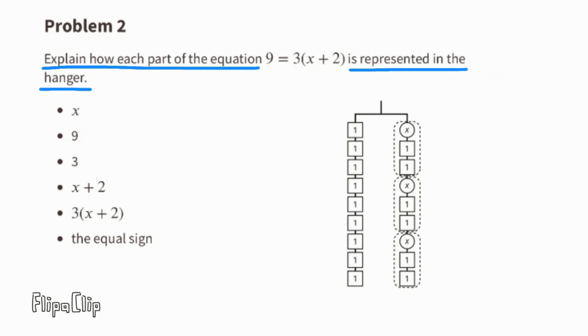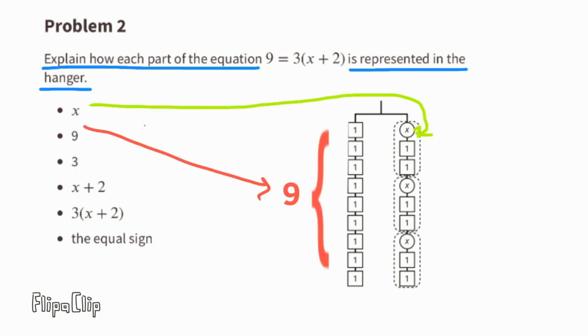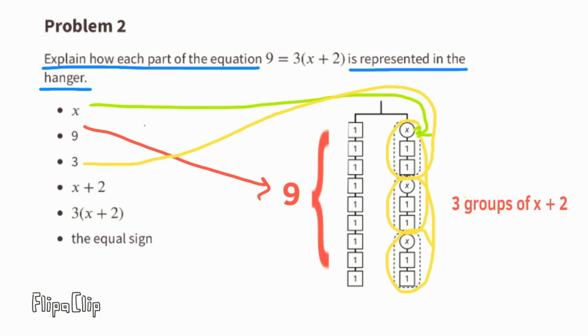Problem number 2. Explain how each part of the equation, 9 equals 3 times (x plus 2), is represented in the hanger. On the right-hand side of the hanger, there are 3 groups of x plus 1 plus 1, which is the same as x plus 2. 9 is represented on the left-hand side of the hanger, where you have 9 groups of 1. 3 is represented by the 3 groups of x plus 2 on the right-hand side of the hanger.